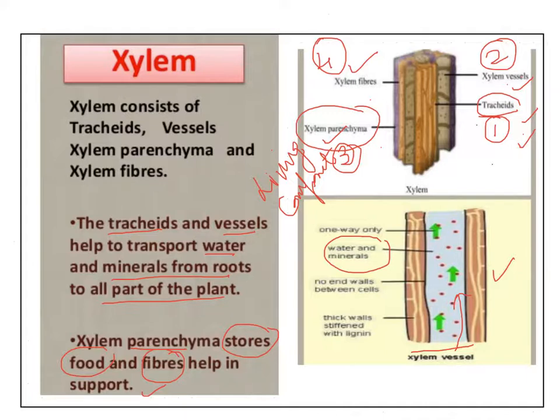There are four parts. Tracheids, vessels, fibers and parenchyma. Xylem parenchyma is made up of living cells, while the rest three are made up of dead cells.